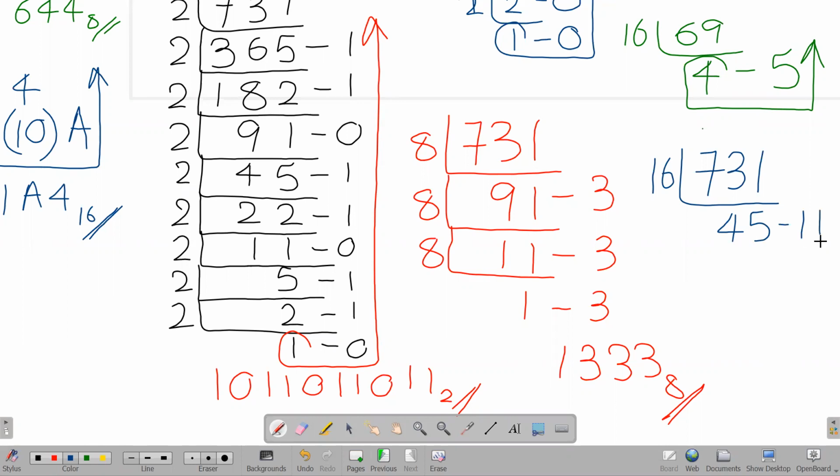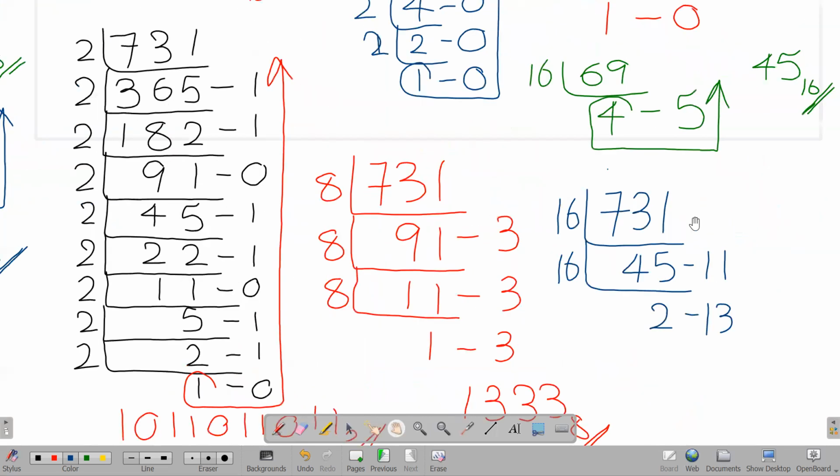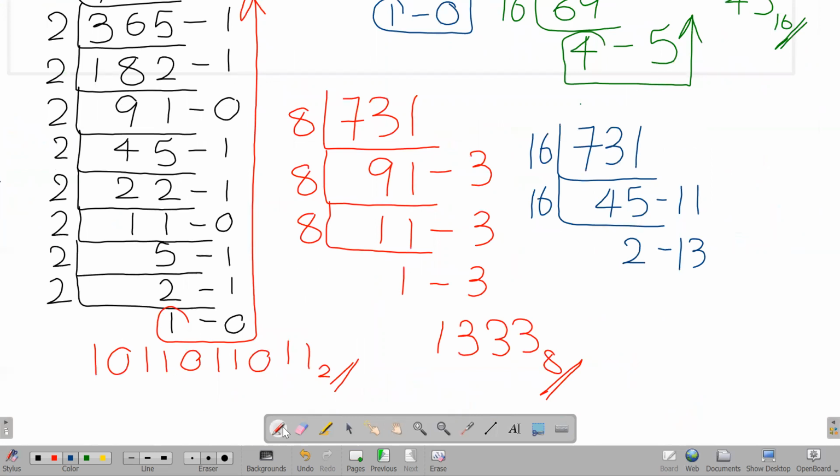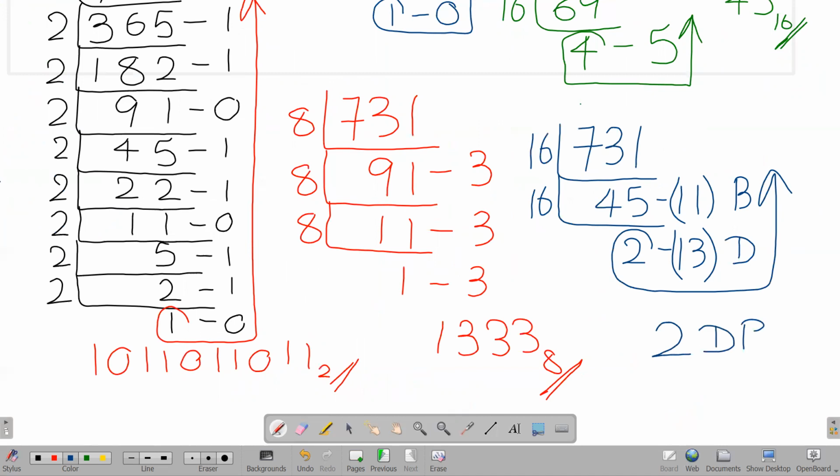For 45, if we divide by 16, there are 2 times of 16, 32, and 13 is remaining. As you know, we indicate 13 as D and 11 as B. So our answer is 2DB in hexadecimal.